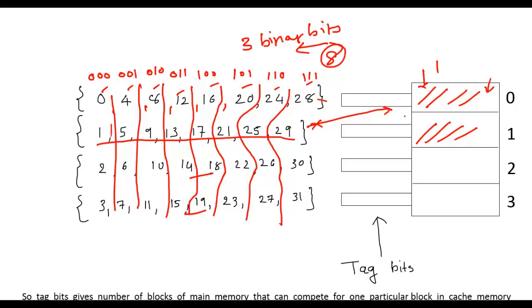They are not in competition for block number 1, 2 or 3, they are all competing for zero. Similarly, blocks 1, 5, 9, 13, 17, 21, 25 and 29 are in competition for acquiring the place at block one in cache memory. So they are basically competing with each other, and the blocks that compete for a particular block in cache memory are distinguished by tag bits.